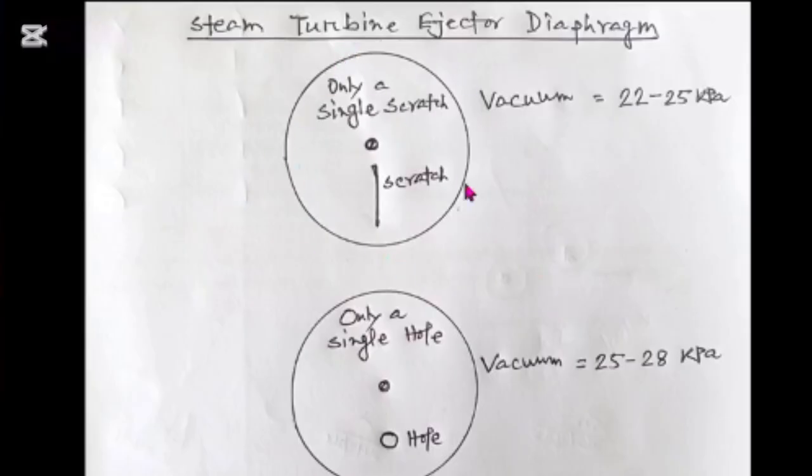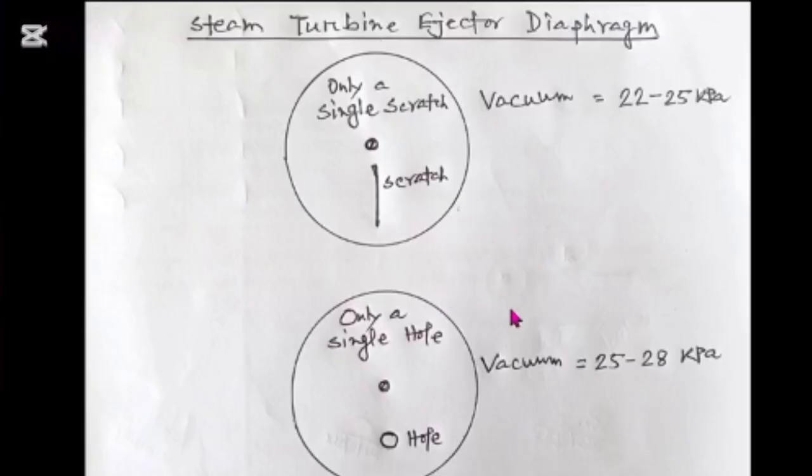At first we made a scratch, that is, here is only a scratch. This is the bolt to connect the diaphragm to the ejector. After connecting everything, we saw that the turbine vacuum was likely 22 to 25 kPa.